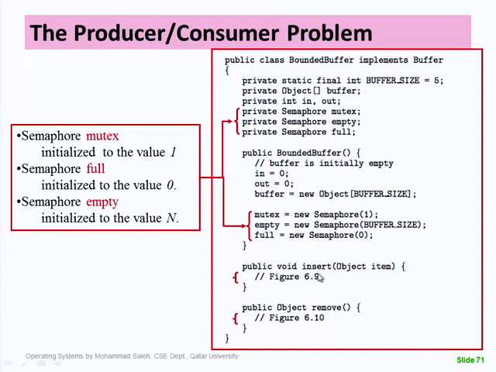Now we can model or code insert and remove accordingly, okay? For a producer or a consumer to insert, they have to use these semaphores now. The logic of these semaphores plus the code to do the removal or insertion of an item, which is the code that we have seen before.